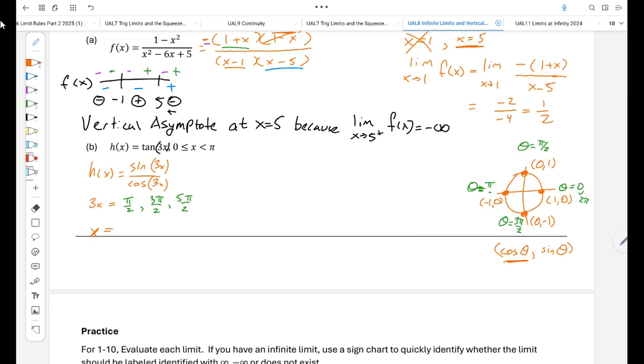Pi over 2 divided by 3 is just pi over 6. 3 pi over 2 becomes 3 pi over 6. I did want to write these in orange, so I'm going to erase those. This separates what an x value is and what a theta value is, a value from the unit circle. So pi over 6, 3 pi over 6, and 5 pi over 6.